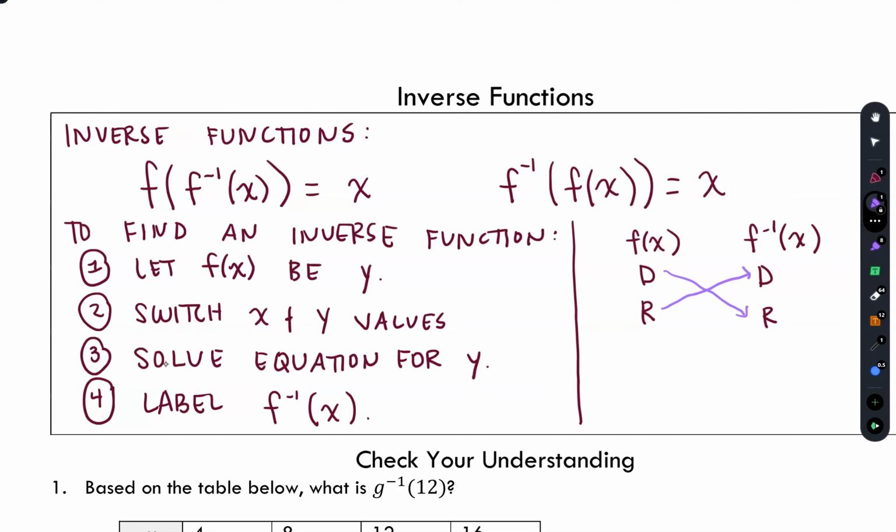Okay, so to prove that the functions are inverses of each other, you have to show both compositions, f of f inverse of x and f inverse of f of x, that both of those things equal an x. Yes? Okay, are y'all okay about finding an inverse, like setting it up and trying to find an inverse?